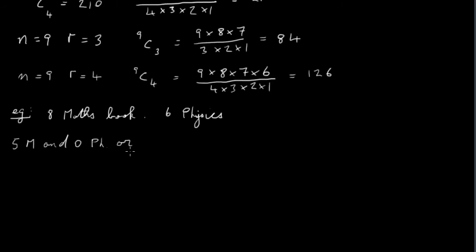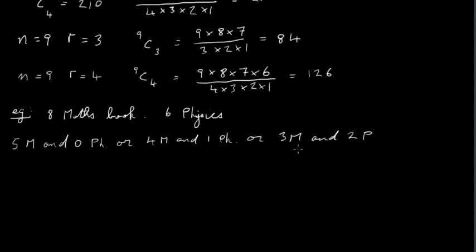Another possibility, or we could have 4 maths books and 1 physics book. Or we could have 3 maths books and 2 physics books.